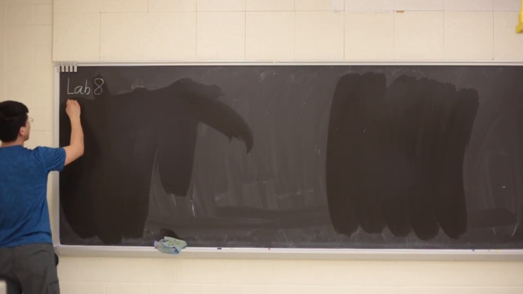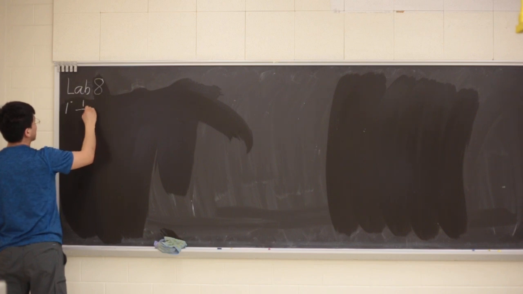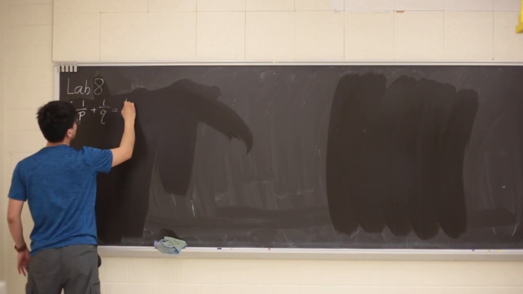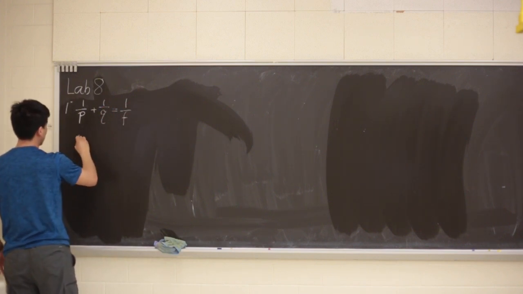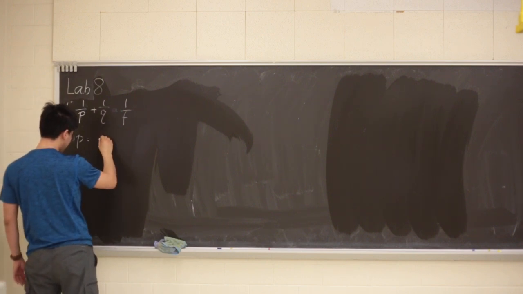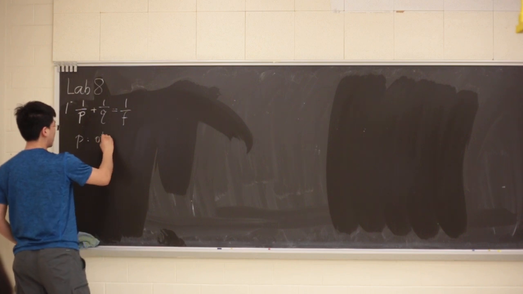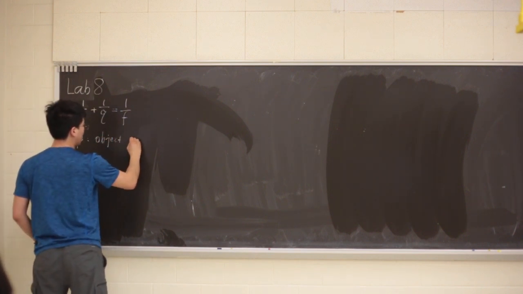Hopefully you can see it. That's 1 over P plus 1 over Q equals 1 over F. I think P is object distance.